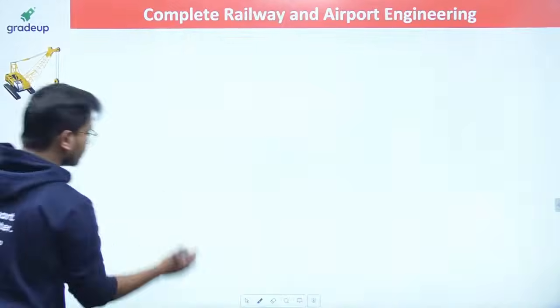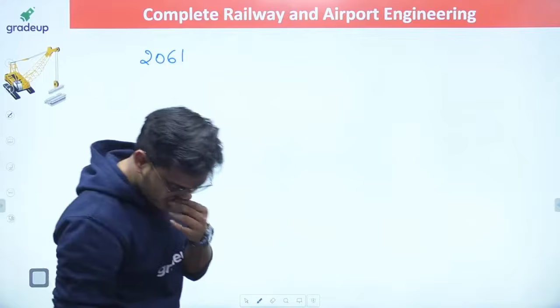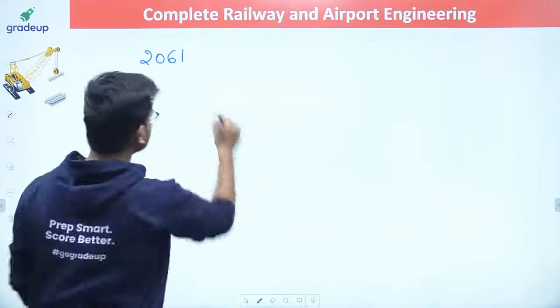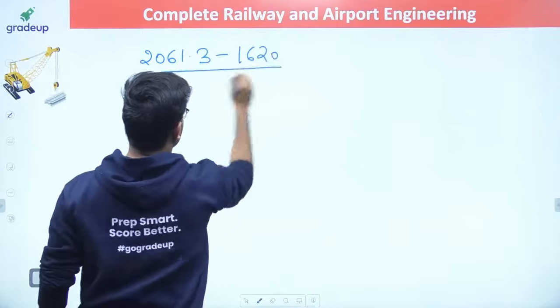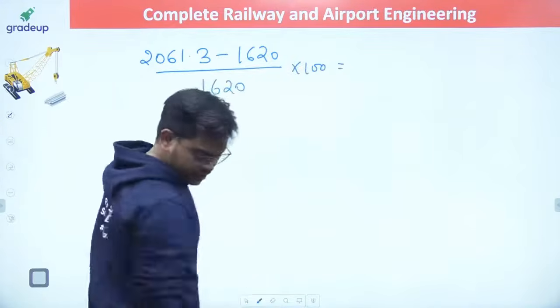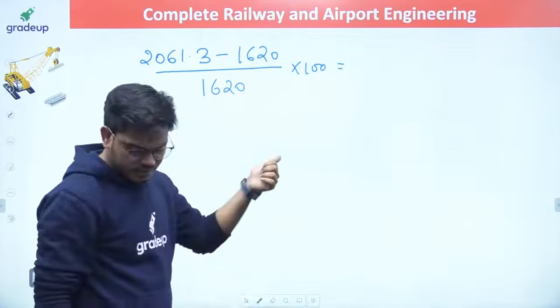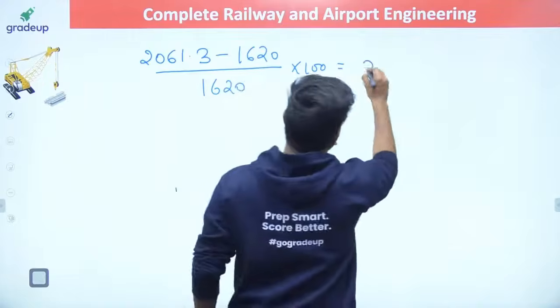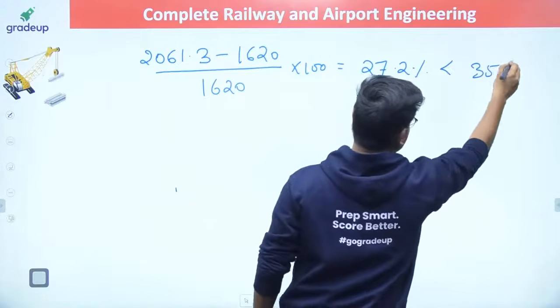So let's see how much is the total correction by now. 2061.3 is the value. So the total correction is 2061.3 minus 1620, divided by 1620, into 100. So the correction that we have applied is coming as 27.2%, which is less than 35%.